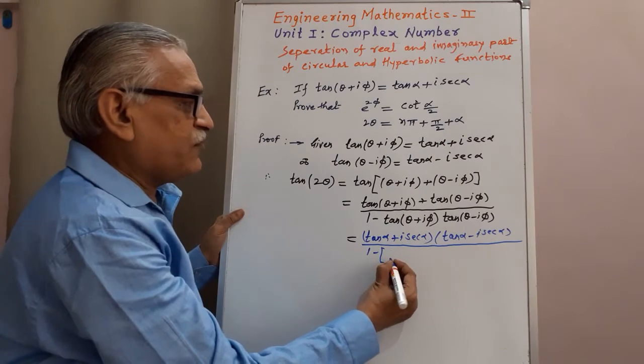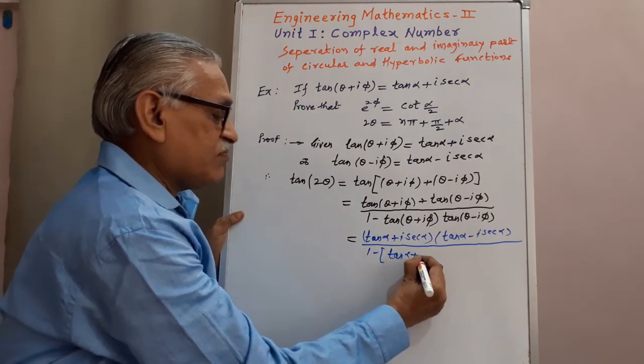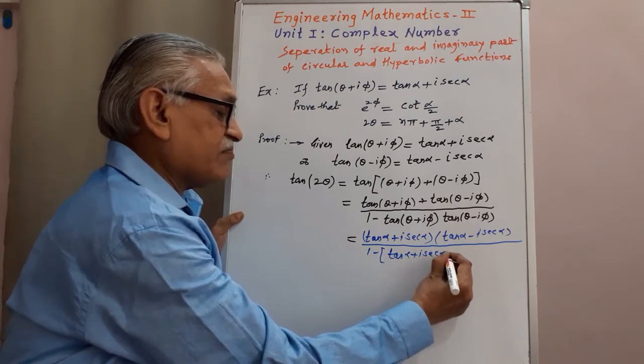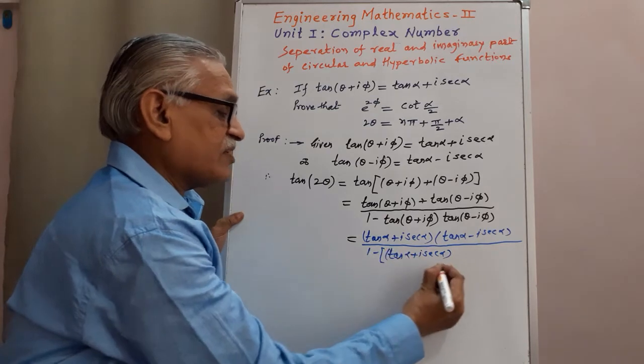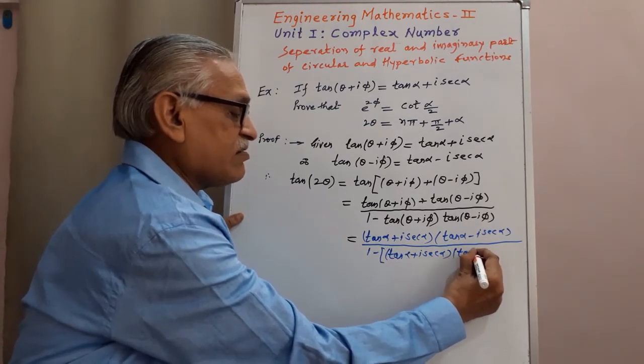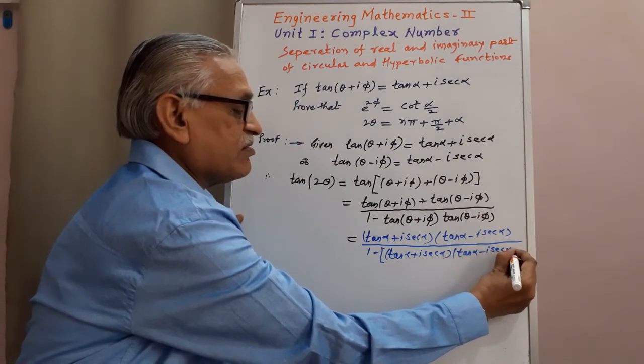The first one is tan alpha plus i secant alpha, the second one is tan alpha minus i secant alpha.